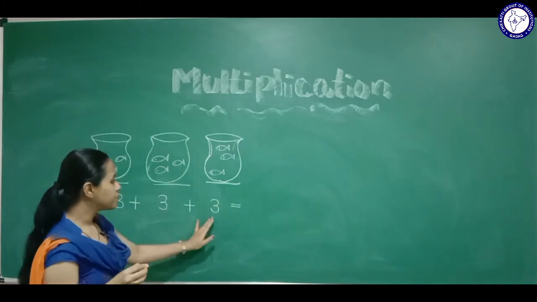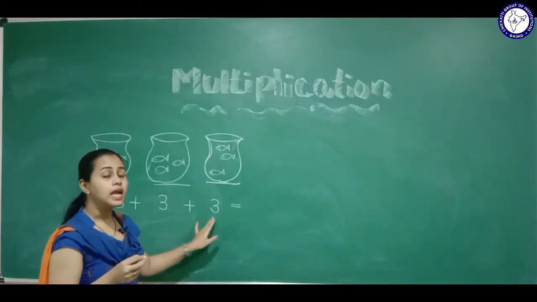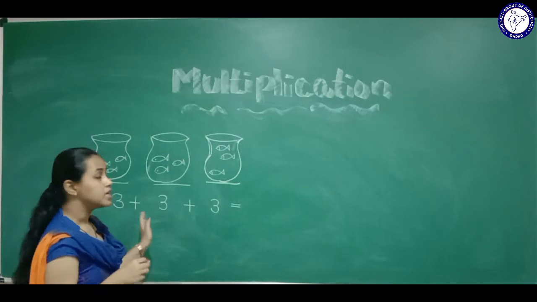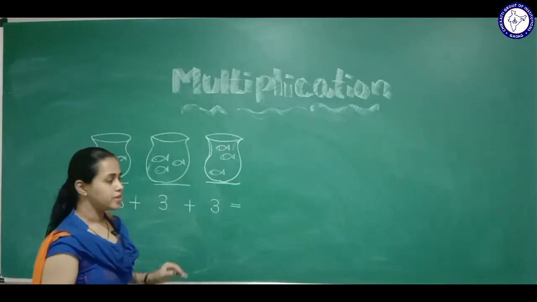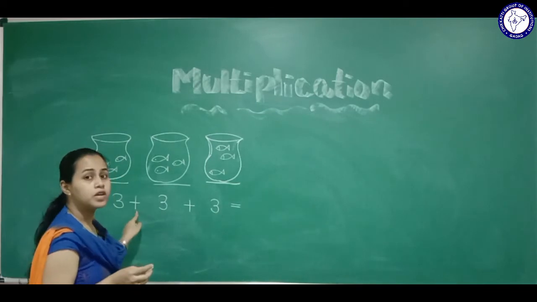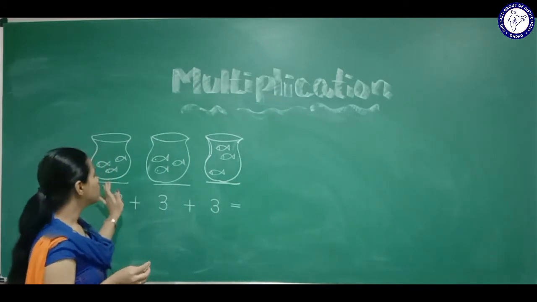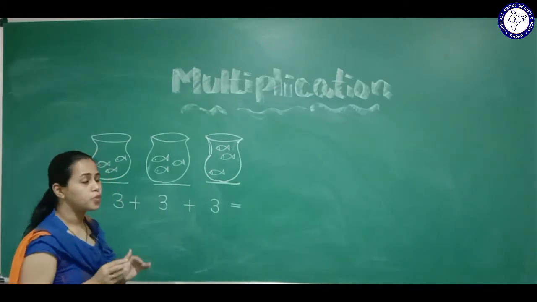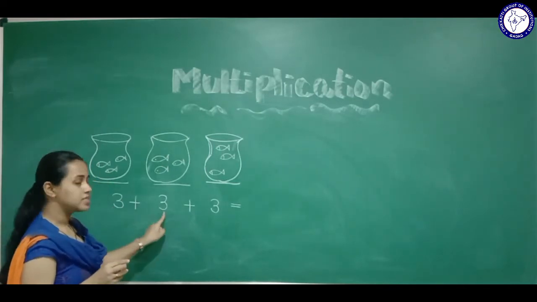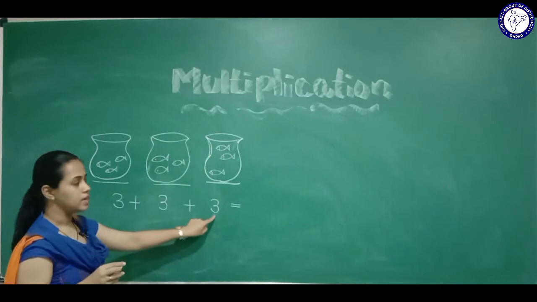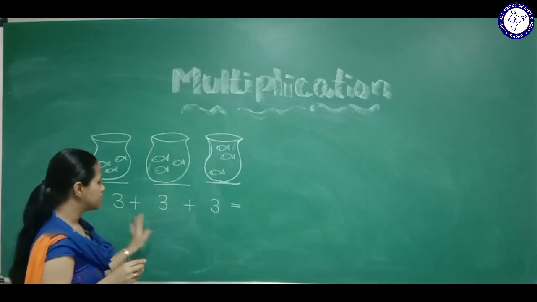It is repeating addition, right? We are repeating the same numbers here: 3, 3, 3, and this is the symbol of addition. Each fish pond has 3 fish. 3 plus 3 and 3 equals what? 9.